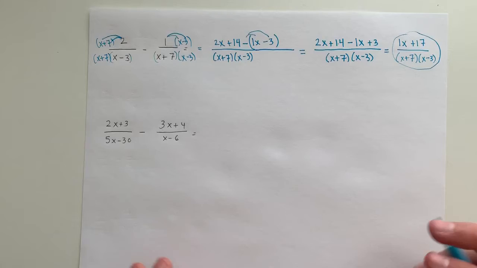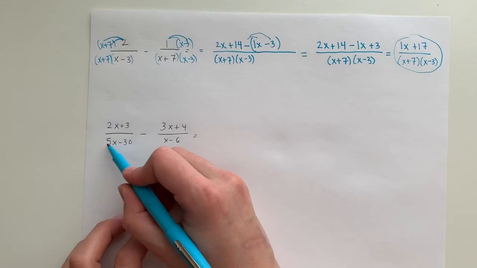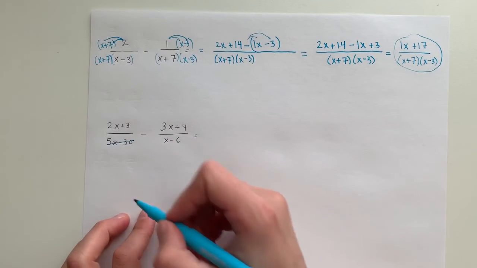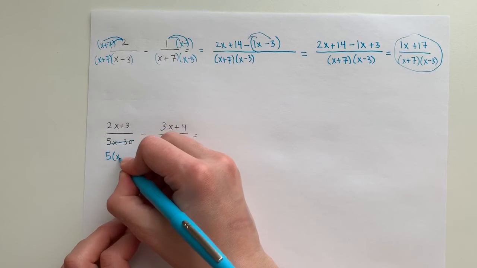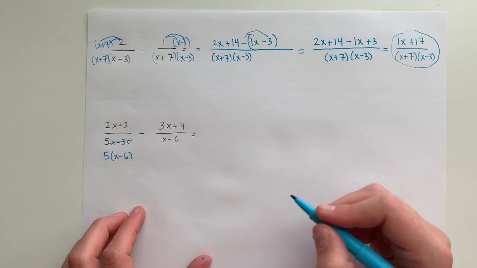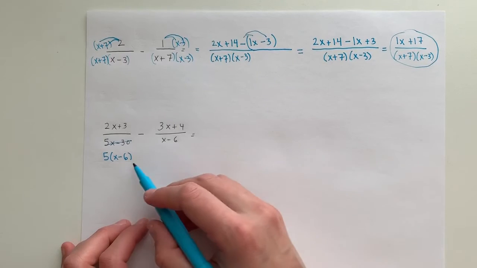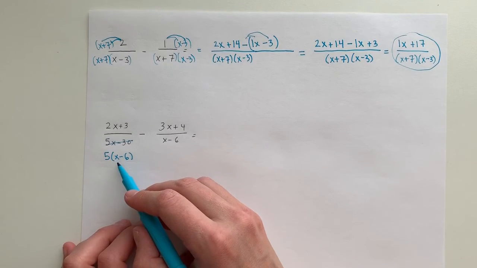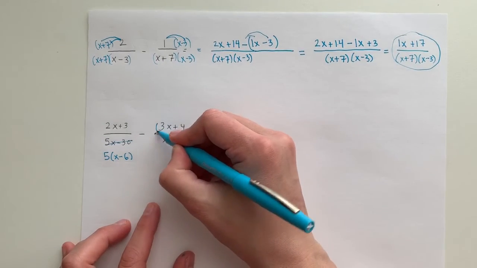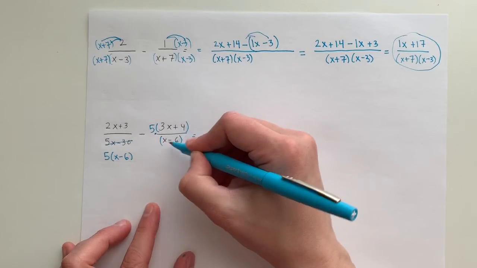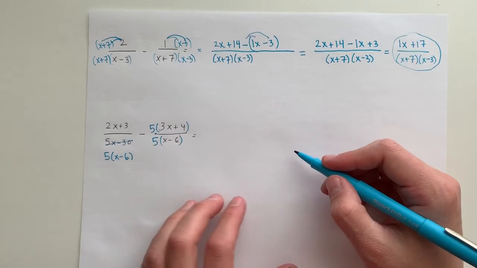All right, and then the last problem, I actually need to factor this first. So if we factor that denominator, I've got 5 times x minus 6, right? And so now you can see this is actually going to end up nicer because all I need is a 5 in that second fraction.